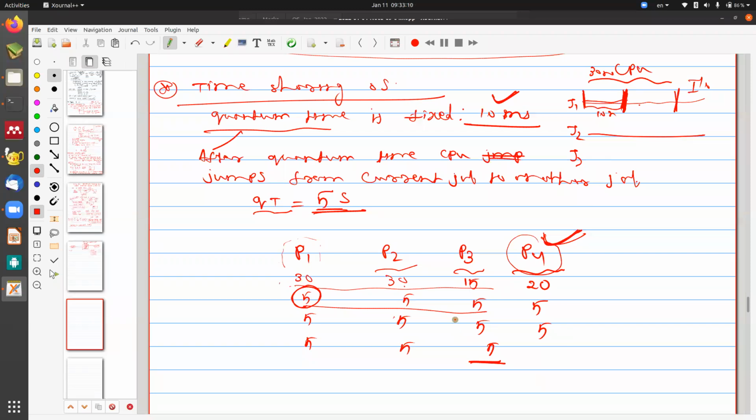That is the reason the response time has improved. Is it more interactive or less interactive? This is more responsive. These are more interactive jobs.